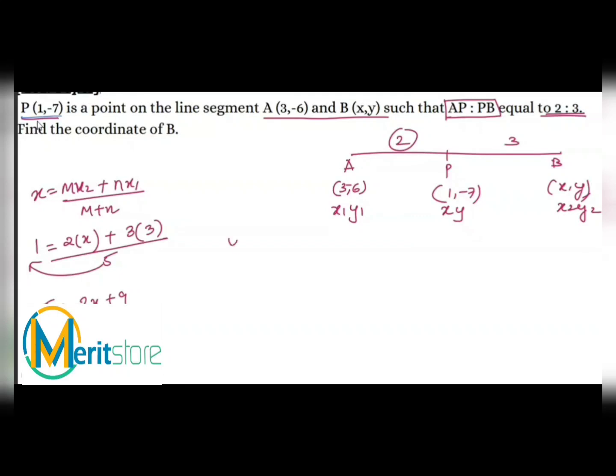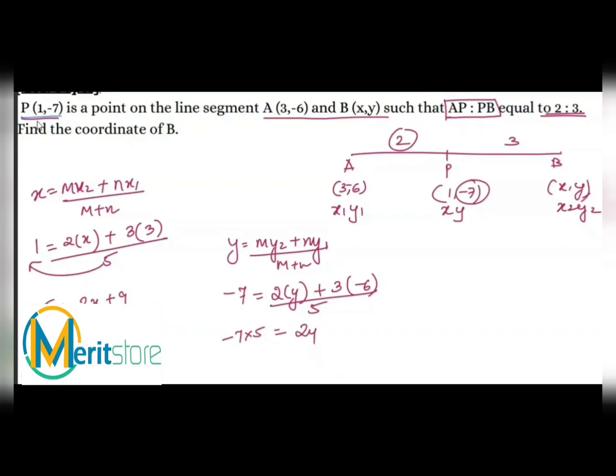Similarly, we'll use the y formula. y is equal to (m y2 plus n y1) upon (m plus n). y here is minus 7. So minus 7 is equal to, m is 2, so 2 into y plus 3 into minus 6, upon 5. 5 goes on the other side. It becomes like this. 2y minus 18.